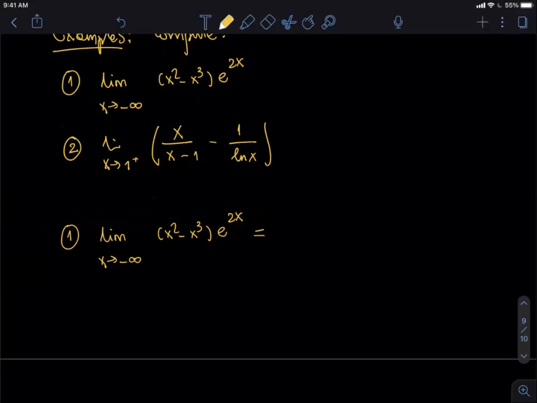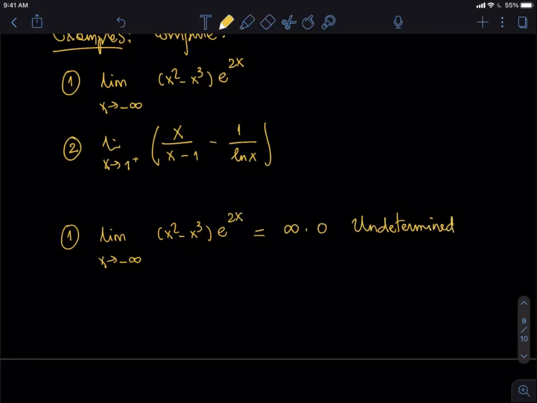Negative infinity to the power 3 is negative infinity, but it has a minus. So overall, we have infinity plus infinity. That's infinity. The exponential of negative infinity is 0. Okay, so infinity times 0, this is undetermined.